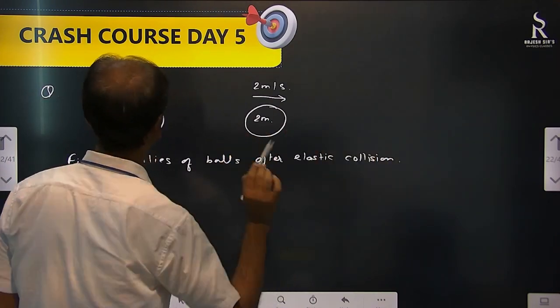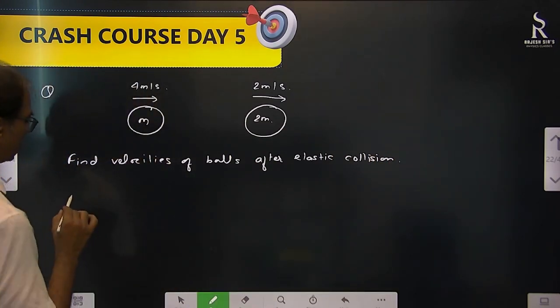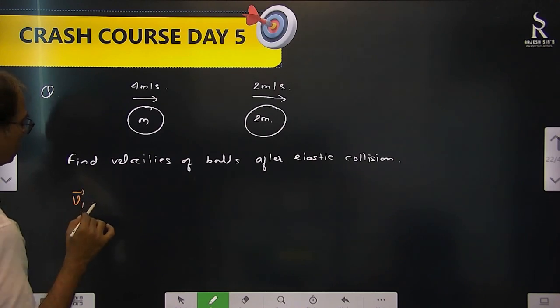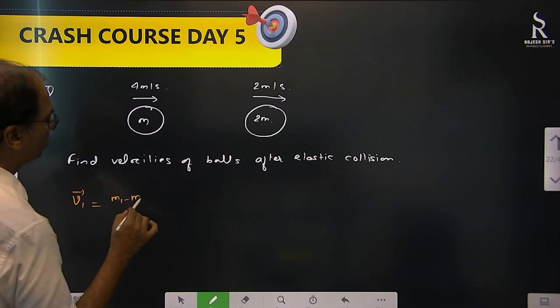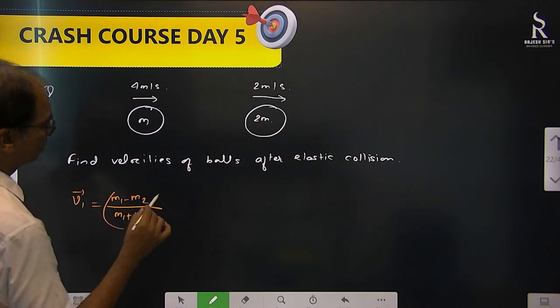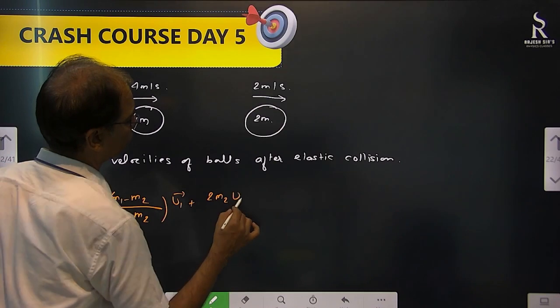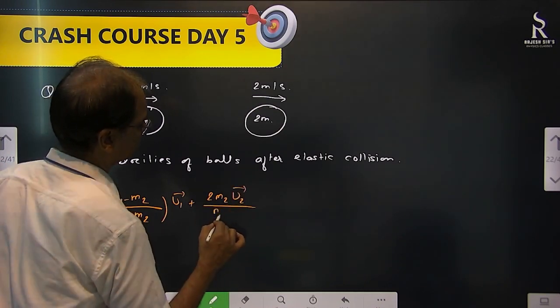This is given. Fine, let's apply the formula. V1 equals (m1 minus m2) by (m1 plus m2) into u1, plus 2 m2 u2 by (m1 plus m2).